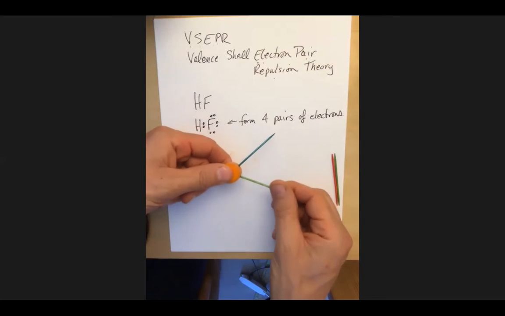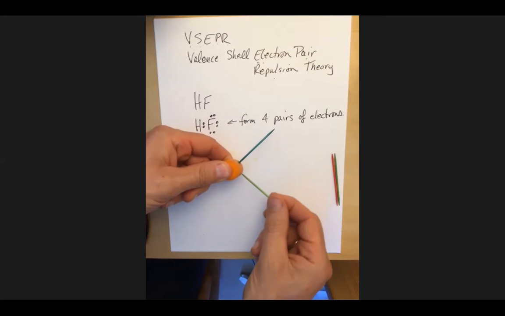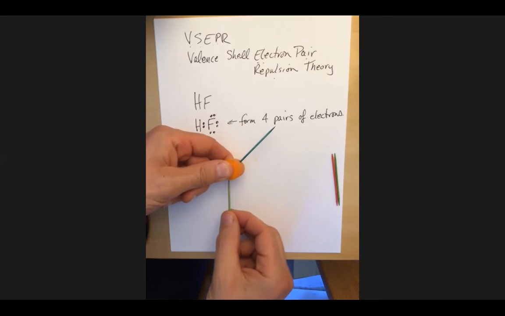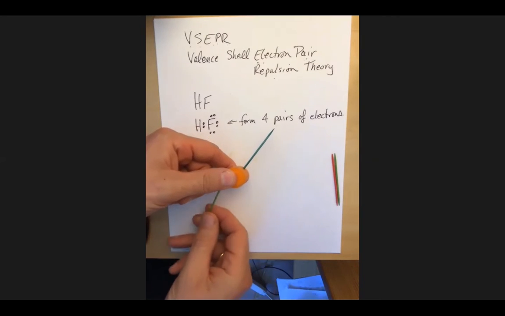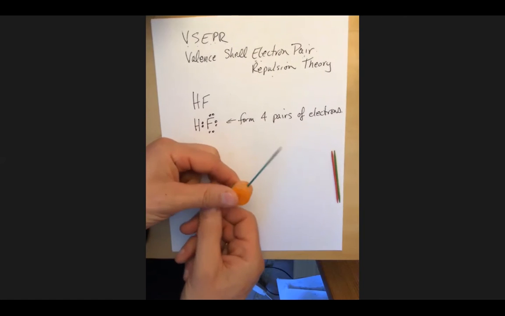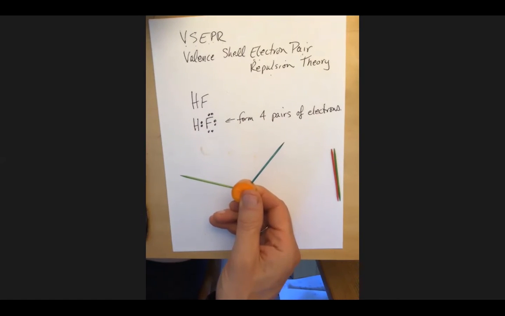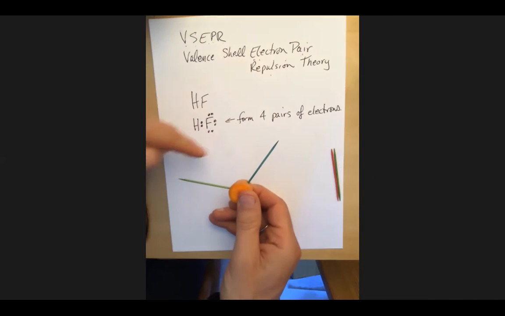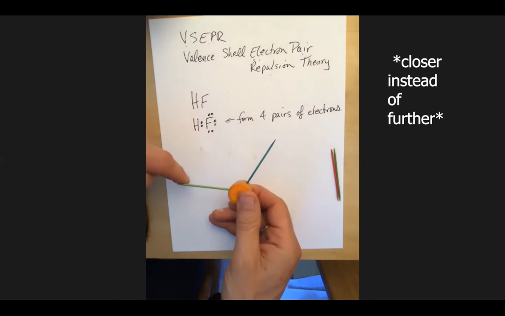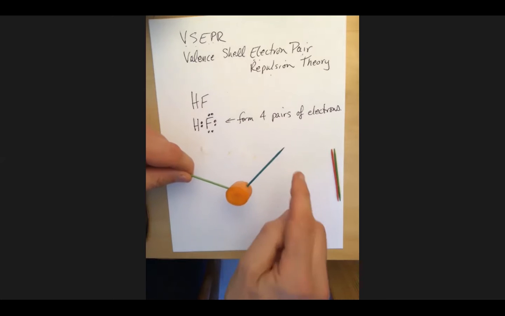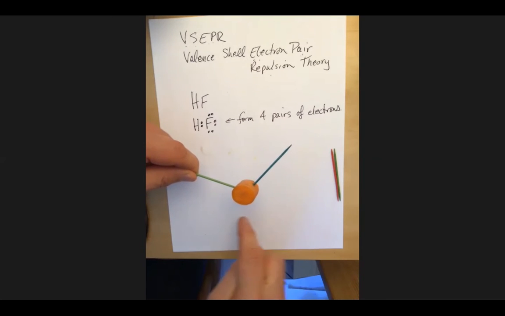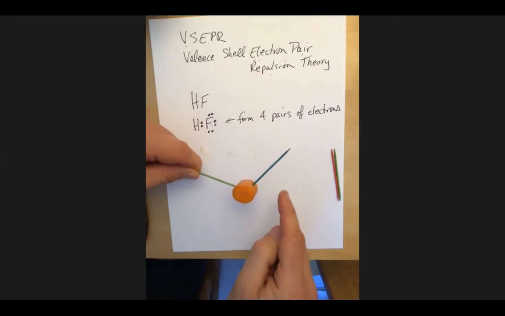So to get further apart, this pair of electrons, I'm going to slide further and further and further around until, oh, now I've got it over on this side. This distance is now further than what we had before, but it's not the same as what's on this side. And so those electrons are not repelling each other as far as they could.